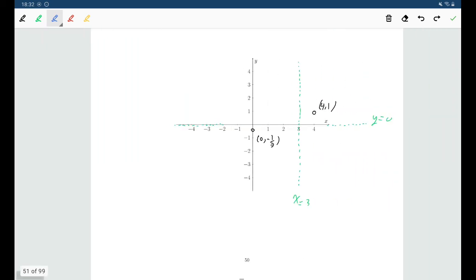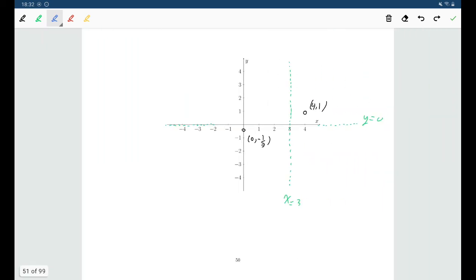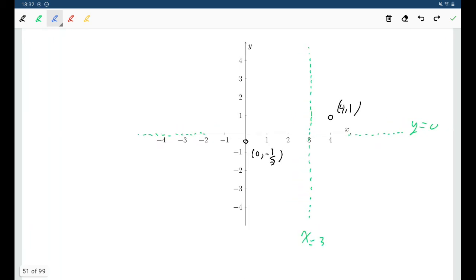Now, this might be enough information for us to be able to graph. And in fact, it is, because if we're thinking about all of our clues, thinking about that first hole that we have, 0, negative a third, there are two options. One option is you could cross through that x-axis and then somehow make your way back to taper off to the horizontal asymptote. But that would require you crossing the x-axis, and we already said that that doesn't happen.